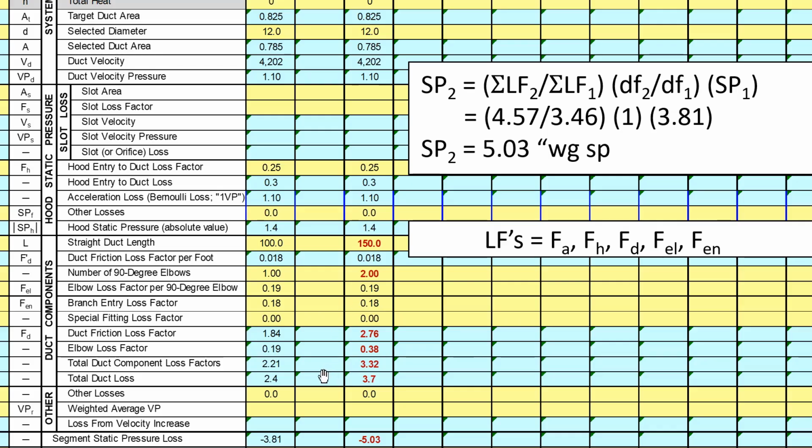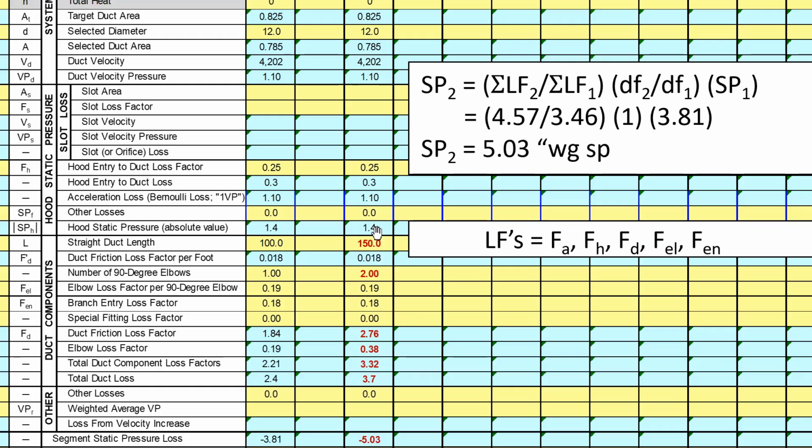So now our cumulative loss factors in our duct has changed from 2.21 to 3.32. When we multiply that times our duct velocity pressure, we find that our duct loss has increased from 2.4 to 3.7. That combined with the hood loss of 1.4 gives us a 5.03 segment loss for our duct.